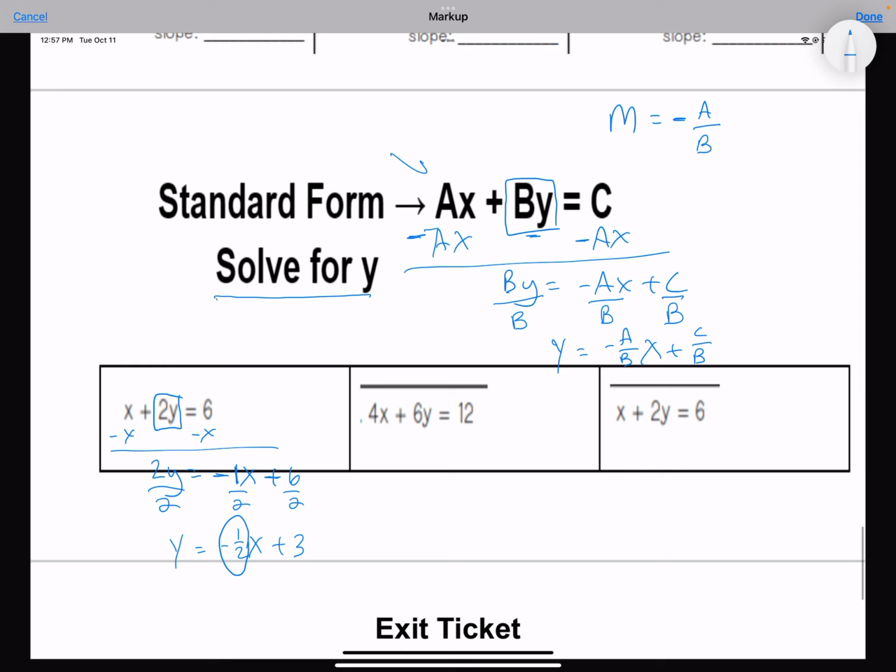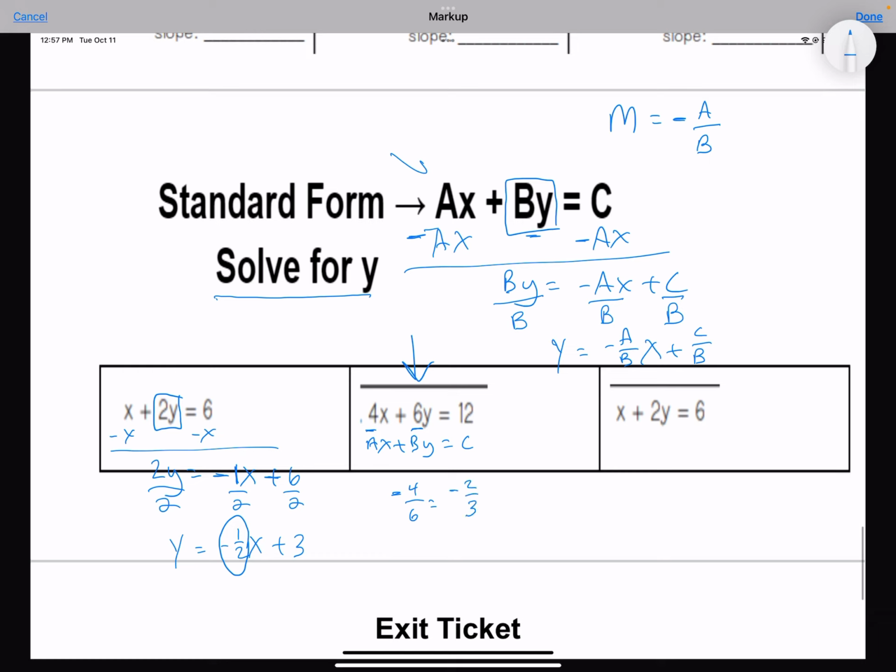That is slope. So for this example here, this is a, this is b. And if you want to, you can write it down. I know that slope is the opposite of a over b. Well, the opposite of 4 is negative 4. And b is 6. So I know my slope is negative 2/3.